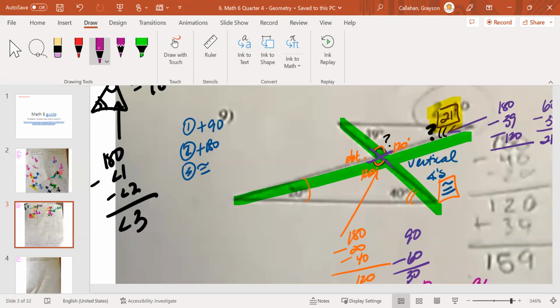No, 180 is either linear pairs, or I'm sorry, not complementary, supplementary, or they are straight angles. 90 is complementary. What do I know when angles are equal to each other? They're called vertical angles. Do you not remember that?